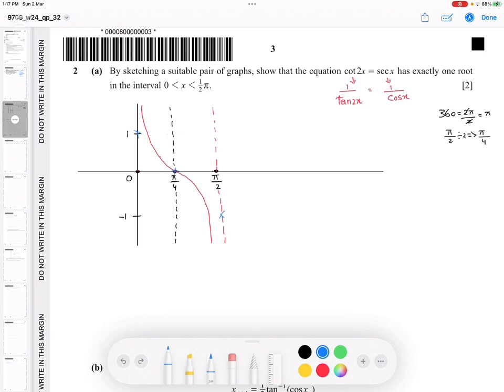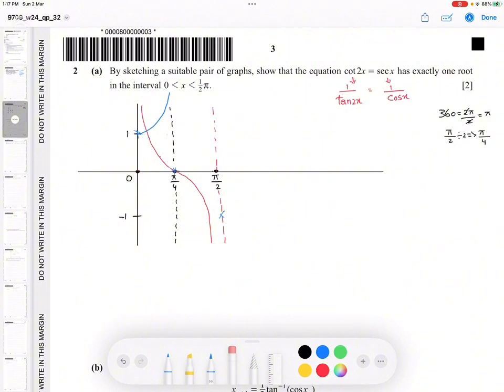So this portion is our cos of x. So the reverse of this means reciprocal, because we have to draw 1 over cos of x, so we have to draw in this way. The cos of x will go like this. So you can erase this.